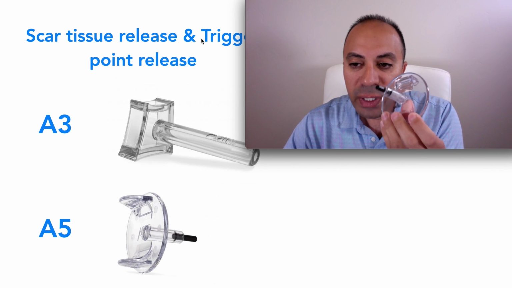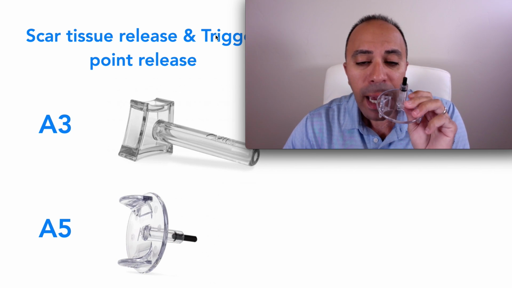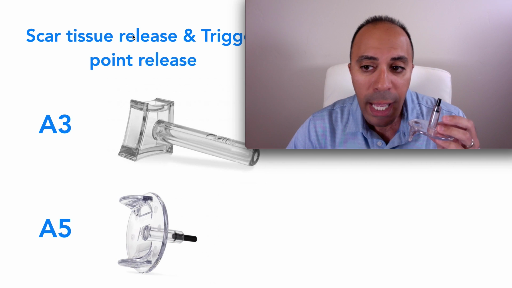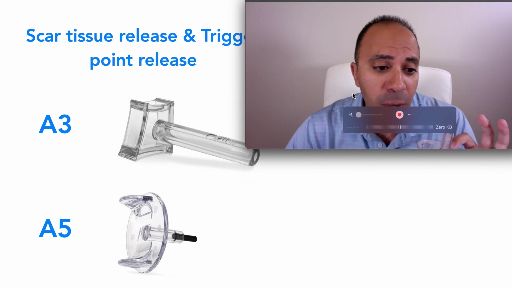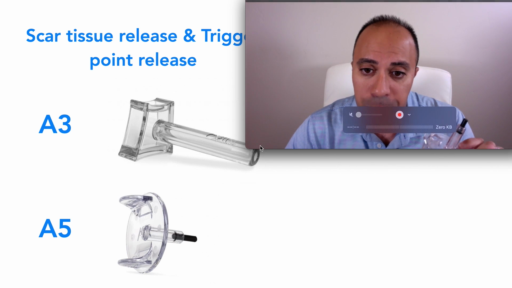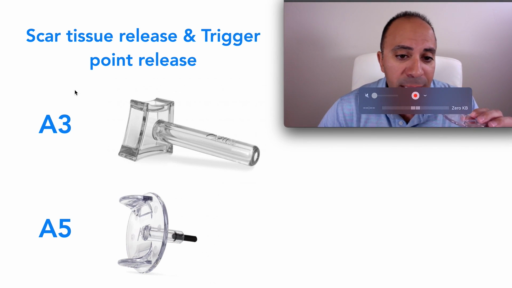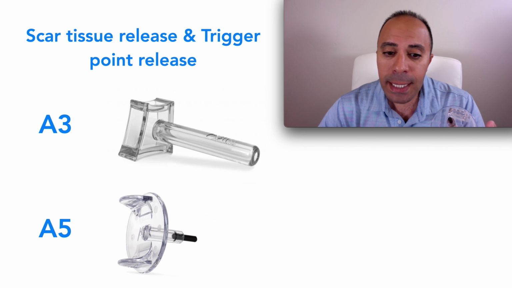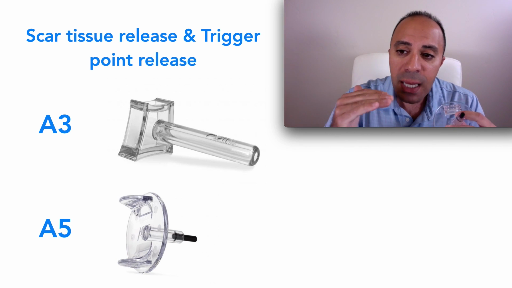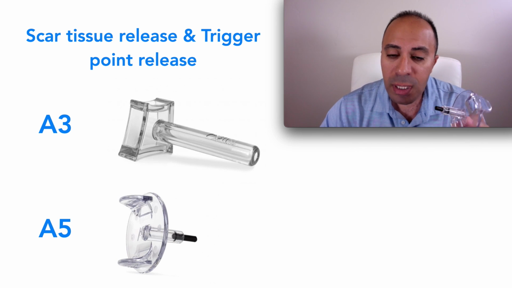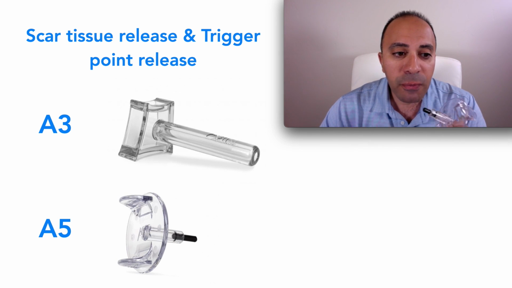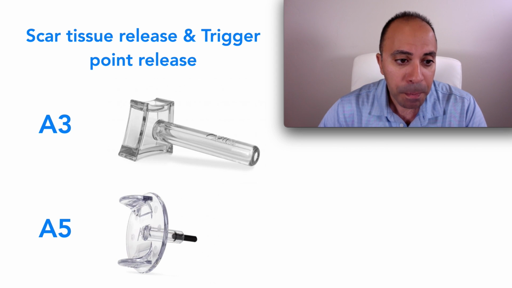This can go very deep to really break any deep scar tissue, release trigger points, and release fascia restrictions. There are several tools because there are several layers in the body, and one size does not fit all; it does not get there to cause mechanical force to really do the release.